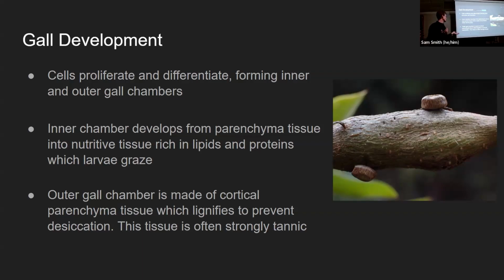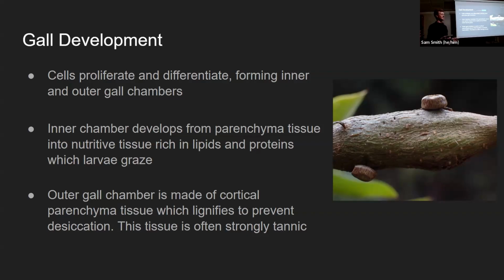On the other hand, the outer gall chamber is made of cortical parenchyma tissue, which lignifies, so it hardens, and that helps make a less permeable outer layer, which stops desiccation. That hints back at what I mentioned at the start about why galls are a helpful adaptation. This tissue is often strongly tannic, which gets at one of the other classic things about galls: they are among the best sources of tannins and one of the best dyes because of that.